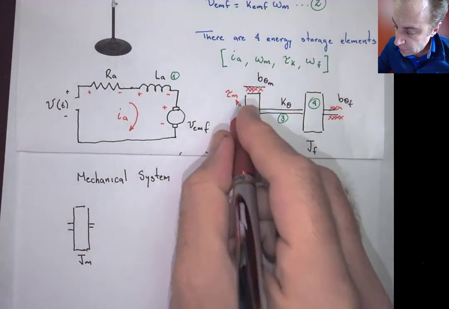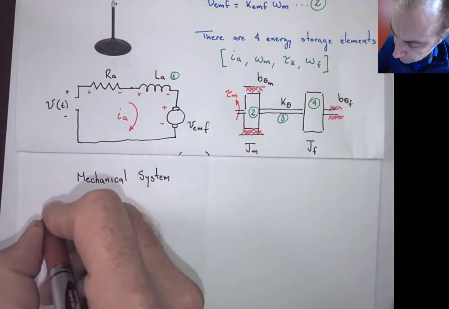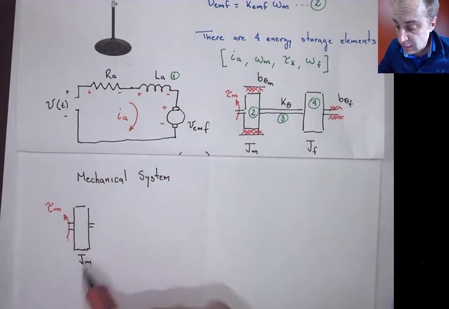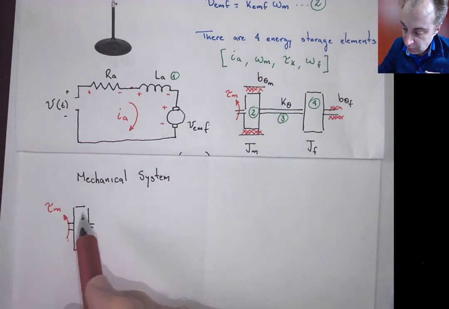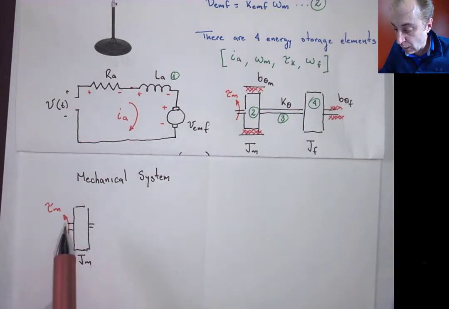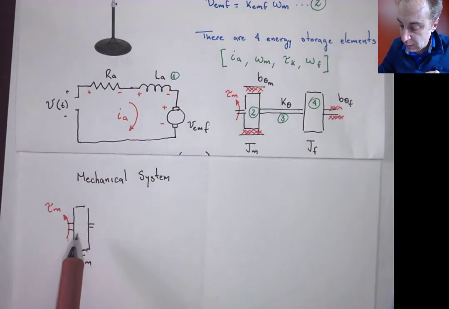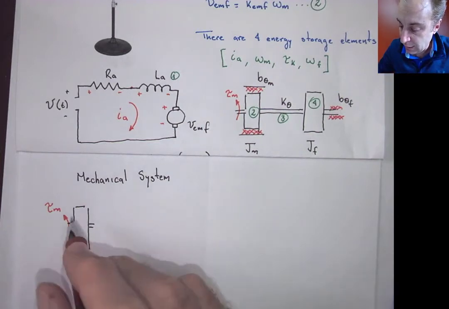So our input is going to be this torque tau m, and this is the one that is being applied, and we're going to assume that the inertia element was at rest, and as we start applying torque, the inertia element is going to be turning in the direction of the torque.